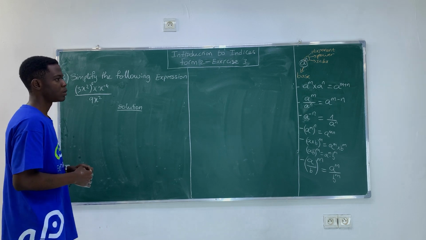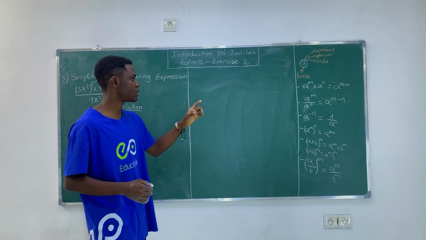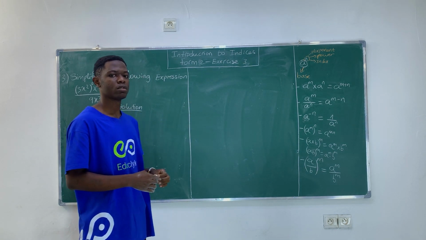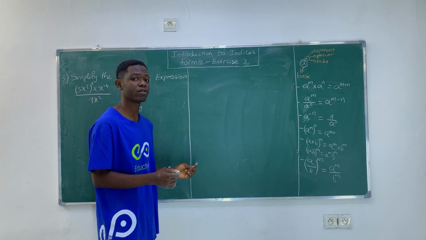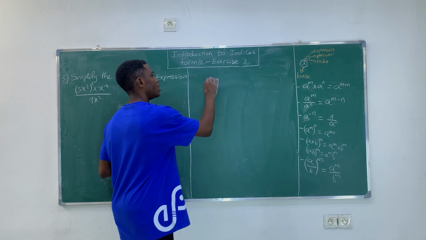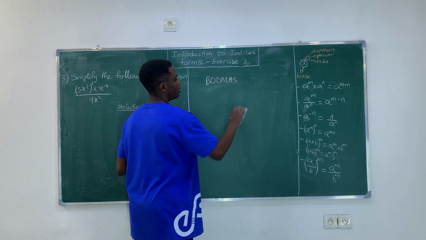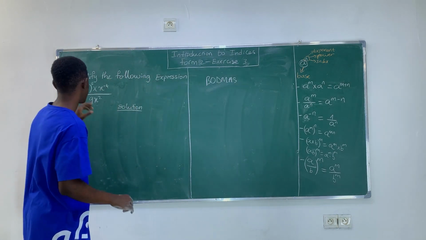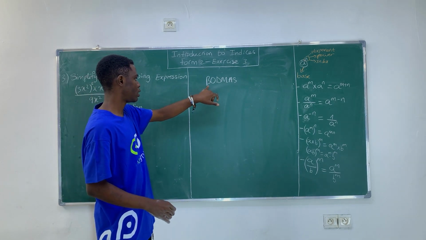So, as we always said, when we see this type of expression, we first solve for what is inside the bracket. That is what was taught to you in class 5 or 6, BODMAS. BODMAS stands for Bracket, Of, Division, Multiplication, Addition, and Subtraction. So when you see a mathematical expression like this, you have to start with what is inside the bracket.